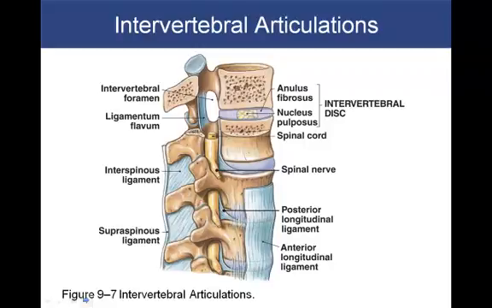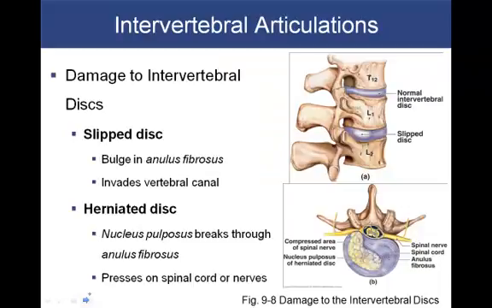Before I do that, I want to talk a little bit about the intervertebral disc. This is that fibrocartilage that separates the bodies of the vertebrae in the backbone. These discs, these articulations, are often prone to damage. We've also often heard of individuals who have a slipped disc.